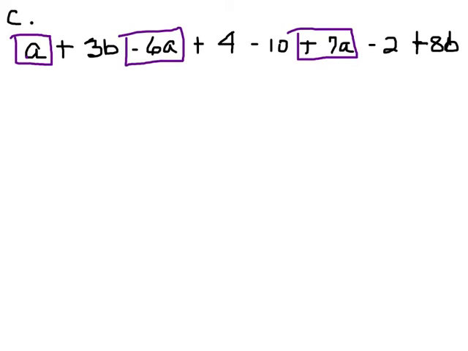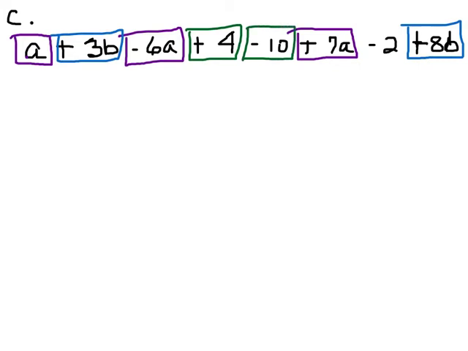And then let's make our B terms blue, all the B terms, and then let's make our 1 terms green. Remembering to keep the sign that's in front of it with it.